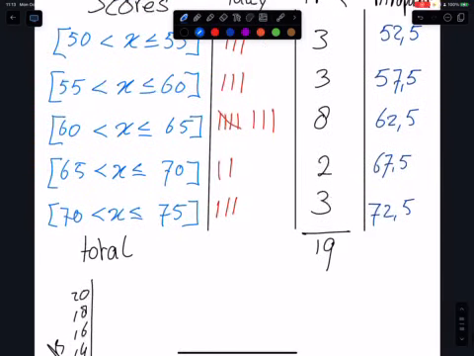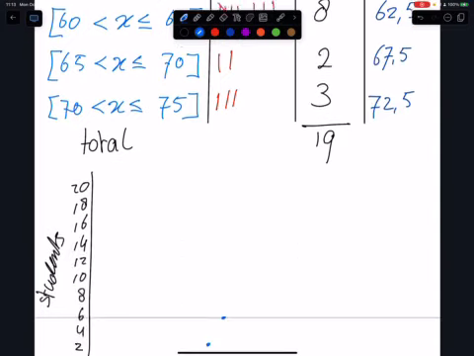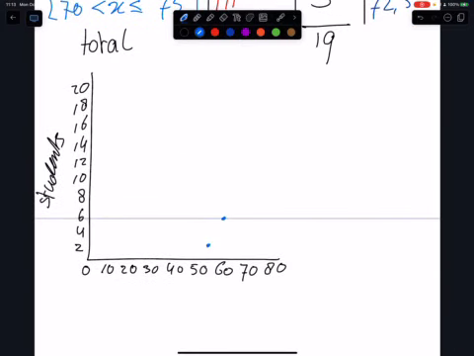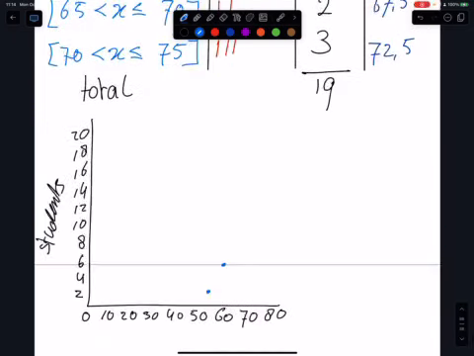8 students at 62.5. I'm at 6, you add the 8 on top of it. You go to 14. Cumulative frequency, from the word accumulate. Let me change it, it's a little bit closer. Let's put 52 there, 57 somewhere here, and then 62.